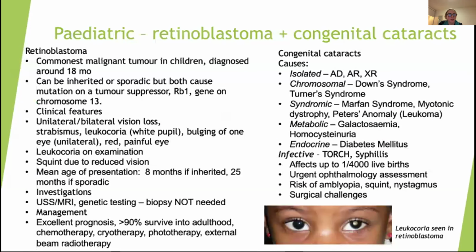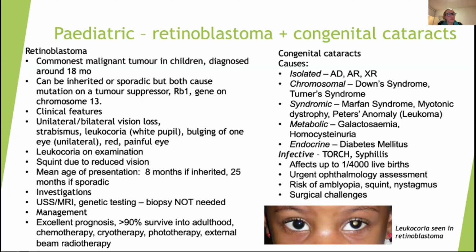Okay, so you may have touched on some of these if you've done peds, but in terms of pediatric eye conditions, retinoblastoma is the commonest malignant tumor in children. It's usually diagnosed at about 18 months and it's got a really good prognosis, particularly if it's caught early.